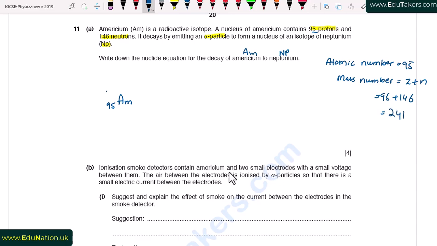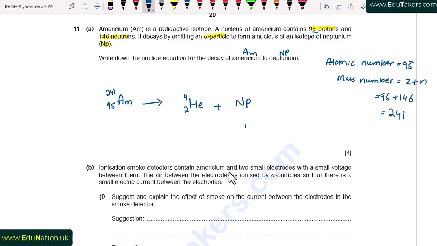So I write here 241. This element undergoes alpha decay, and alpha particles are helium nuclei with atomic number 2 and mass number 4. So the new element is Np. We have to find out its atomic number and mass number. For that we check atomic number and mass number on both sides of this arrow and balance them.